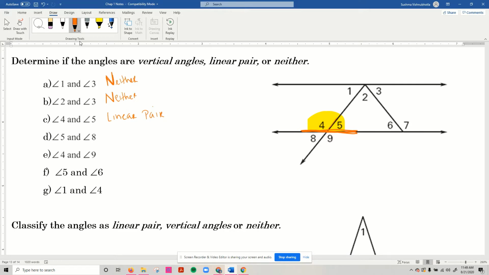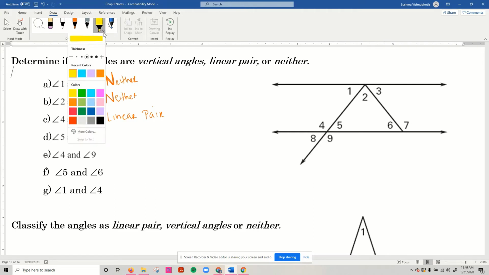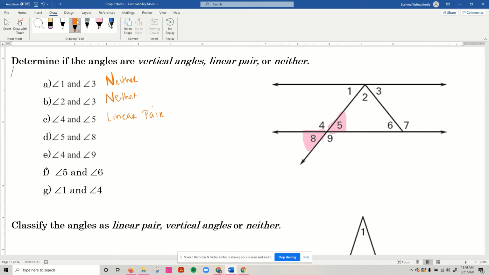And they're adjacent. They are next to each other. So linear pairs are two adjacent angles on a straight line. And these 4 and 5 satisfy that. 5 and 8, these are vertical angles.